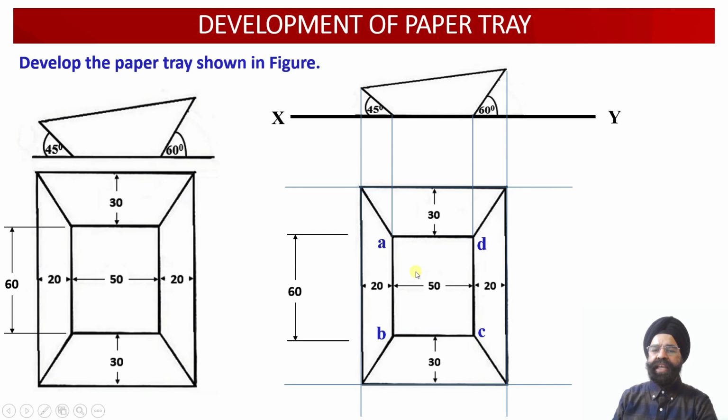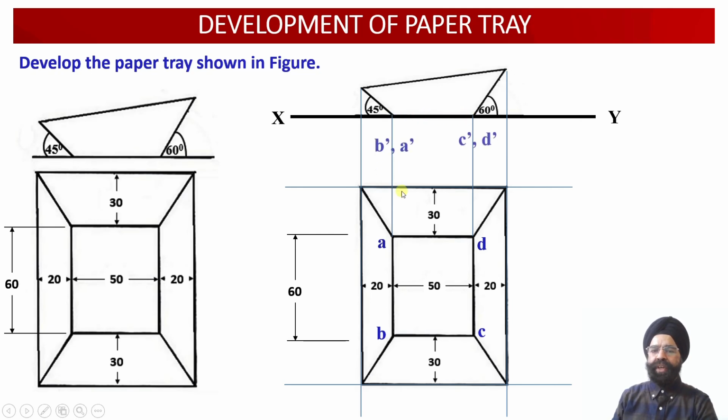Now corresponding to the base of the paper tray, A, B, C, D is the base of the paper tray which is resting on the ground, on the horizontal plane.